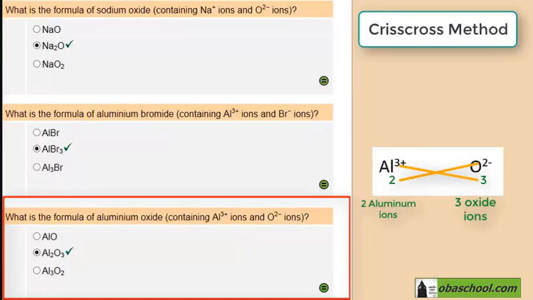So this is the crisscross method, an easy method to figure out the formula of the ionic compound.